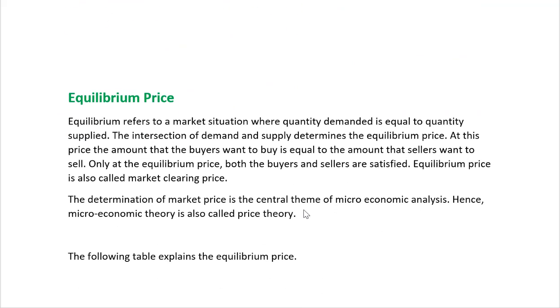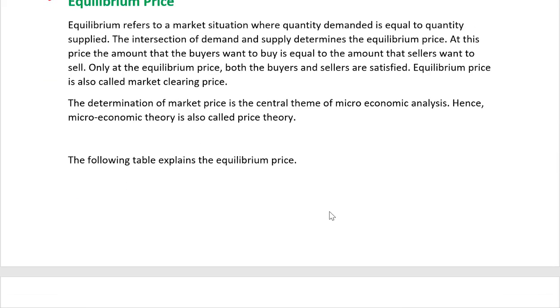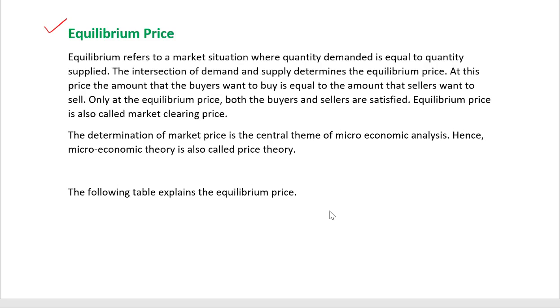What is equilibrium price? So students, the price at which the quantity demanded and quantity supplied are equal is known as equilibrium price. Just see it over here. Equilibrium refers to a market situation where quantity demanded is equal to quantity supplied. The intersection of demand and supply determines the equilibrium price. At this price, the amount that the buyers want to buy is equal to the amount that sellers want to sell.